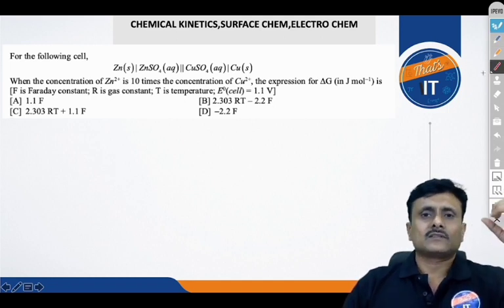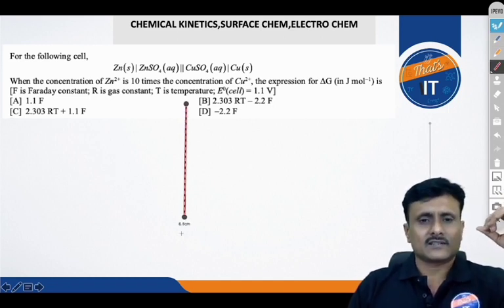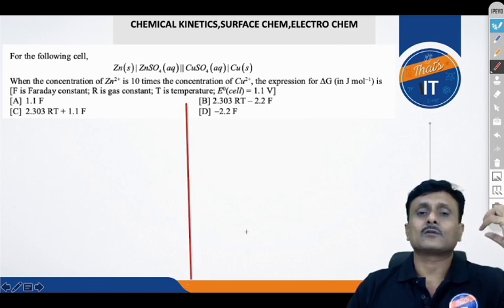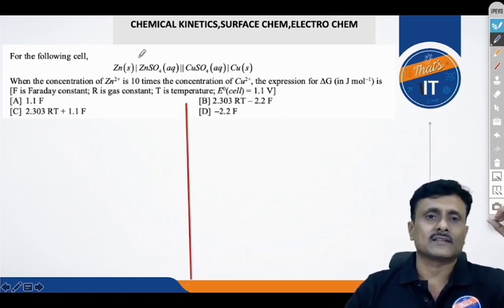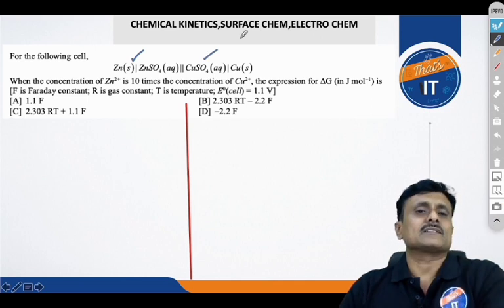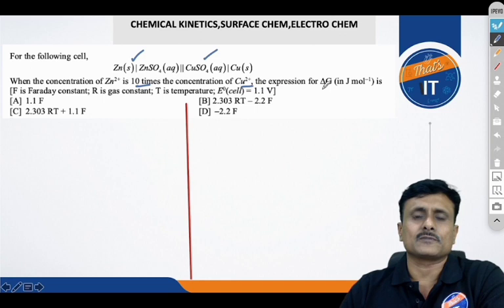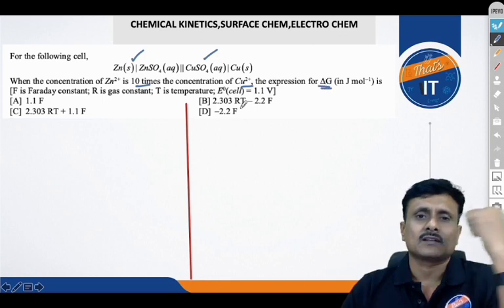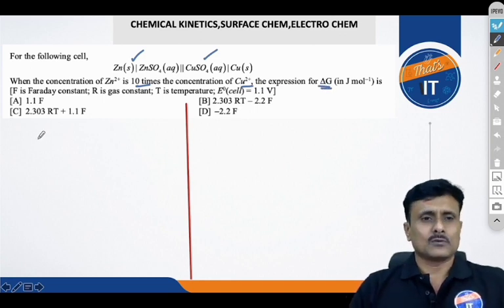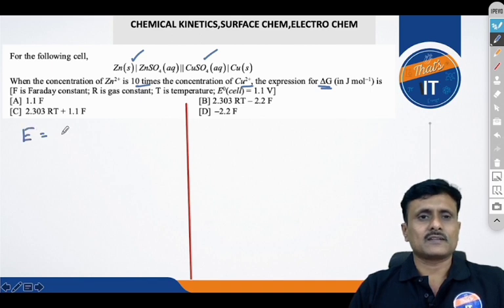Like this is the question which I have seen in the recent times, the easier one, just like JEE Main. There is an upfront Daniell cell equation given, and you can see the concentration of Zn plus 2 is 10 times that of Cu plus 2, and the expression for delta G naught is asked. As we all know, the EMF of the cell is E naught of the cell, that is 1.1 minus 0.0, that is RT by NF.